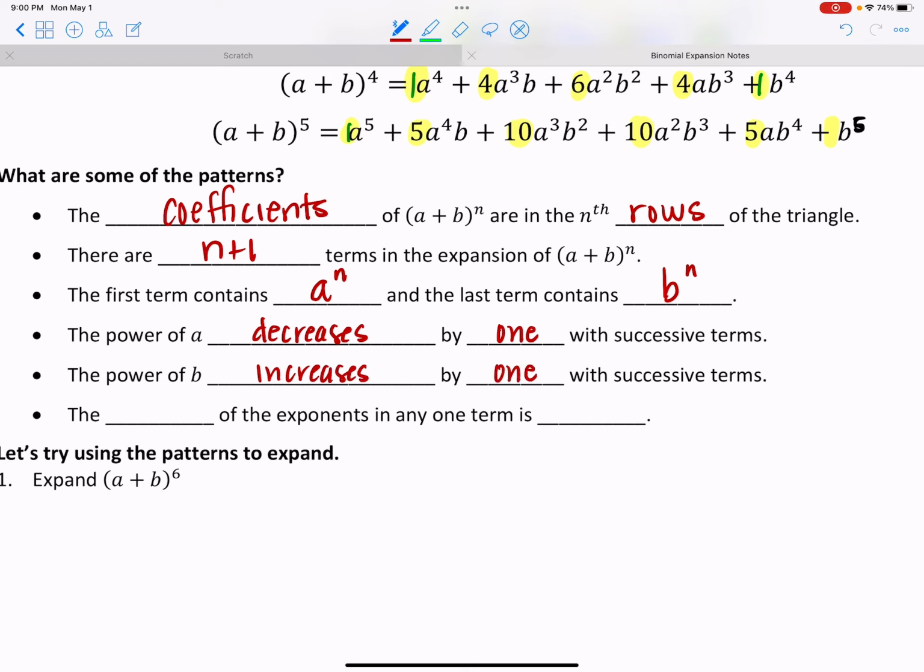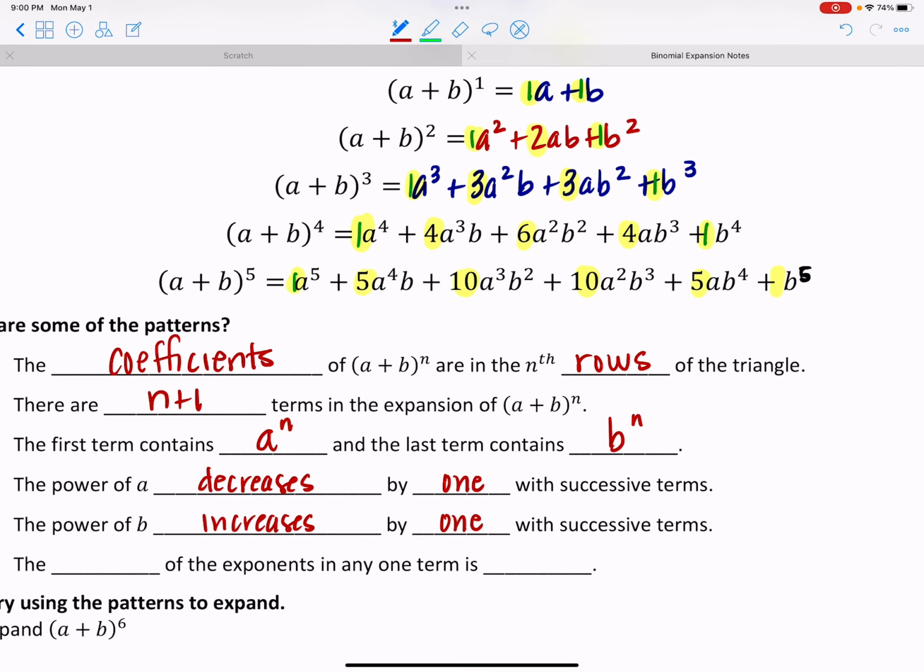And then if we look collectively at the exponents within each term, we have total exponents of 5 here. Here we have 4 a's and then 1 b, which is 5 total. 3 a's and 2 b's, which is 5 total. 2 a's and 3 b's, which is 5 total. 1 a and 4 b's, which is 5 total. And then b to the fifth again, 5 total. And that's going to happen every single time.